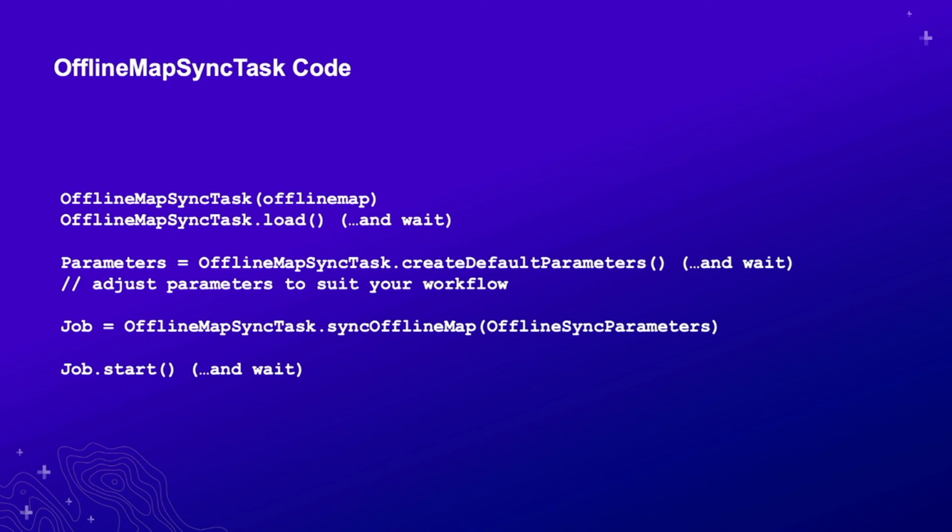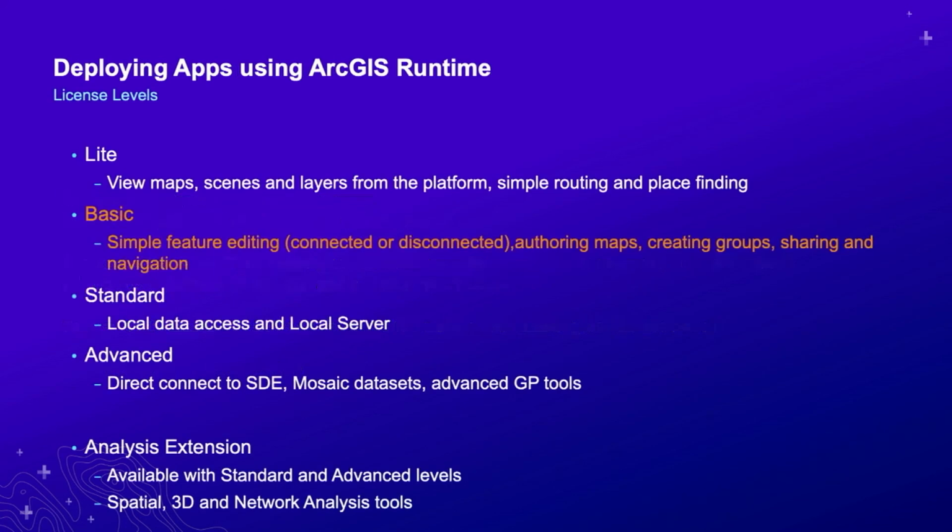Let's have a look at the licensing required to do this work. Well, everything that we've talked about today is supported under the Lite license, viewing maps and scenes and layers from the platform with simple routing and place finding. That's viewing content that's been created inside of packages with Pro. That's viewing online connected web maps. Also the disconnected web map scenarios that we looked at in the pre-planned and on demand.